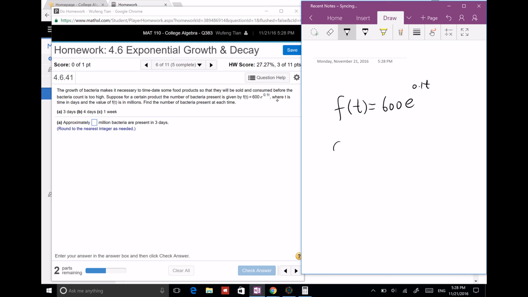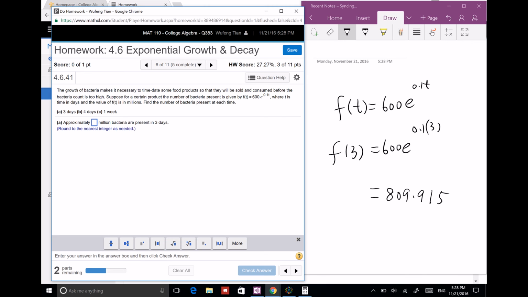So f(3) equals 600 times e to the 0.1 times 3. That's pretty simple, right? Use a calculator, you should get 809.915. To the nearest integer, it's going to be 810.